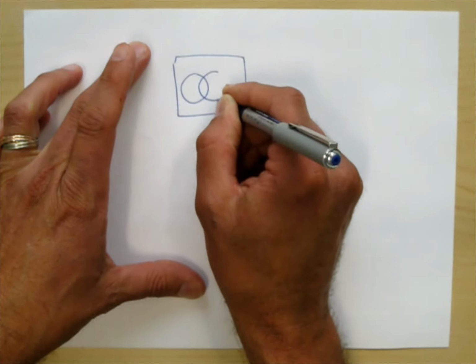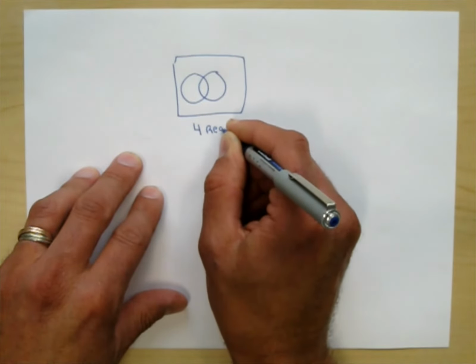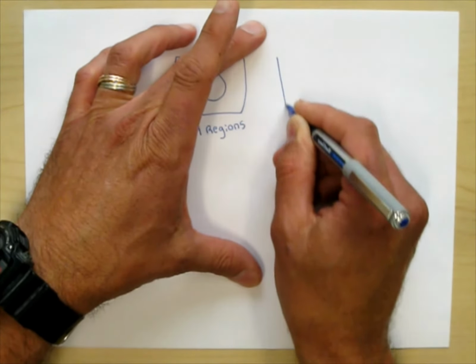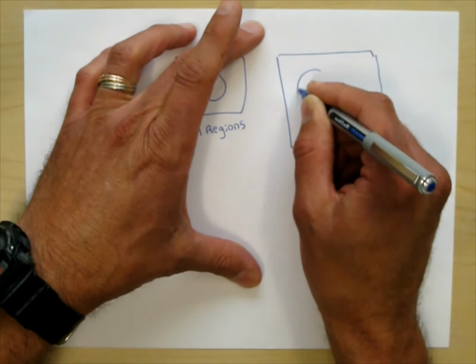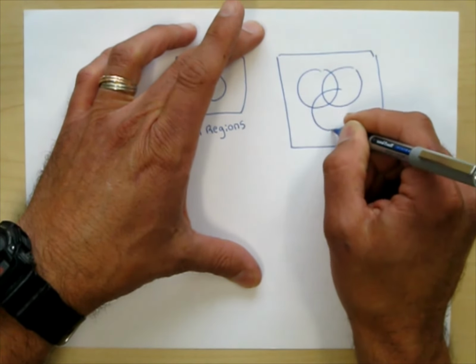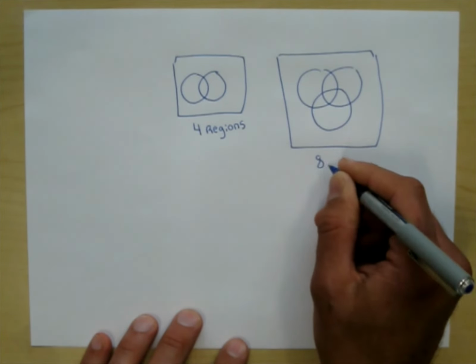When there was 2 sets, there were 4 regions. And when there's 3 sets, and when we say sets, we mean subsets of the universal set, there were 8 regions.